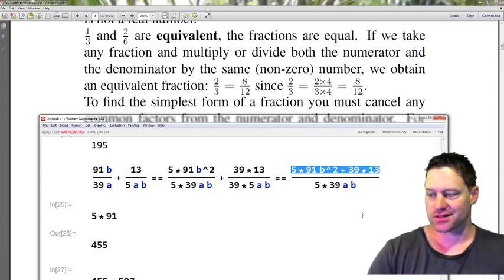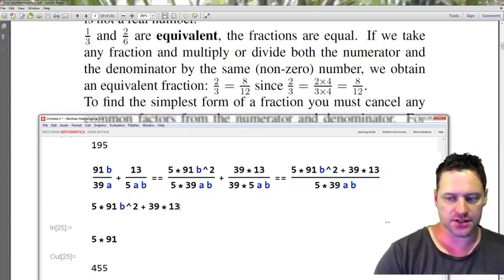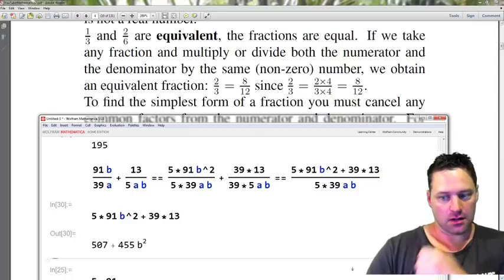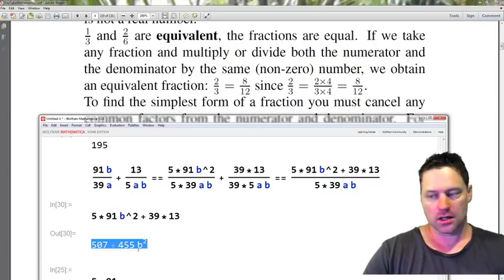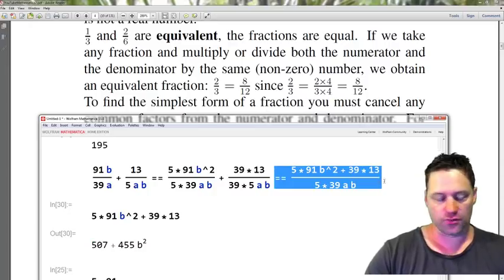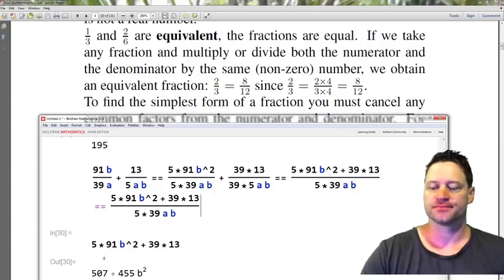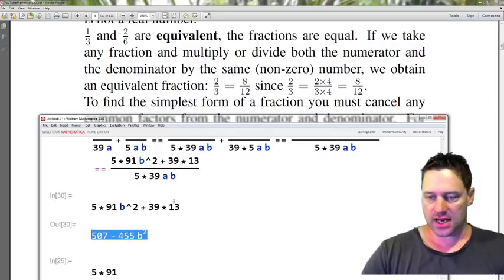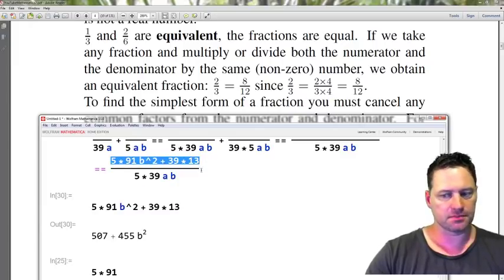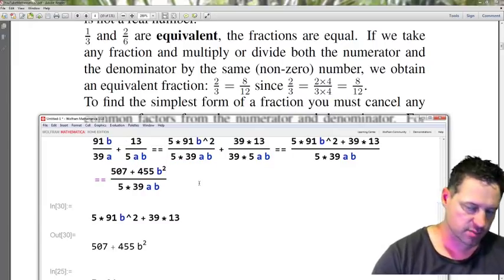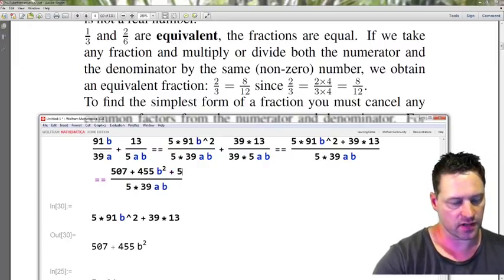Let's just take this numerator, open up a new cell, press Shift and Enter, see what we get. All right, so that has simplified the expression. And now I can come down and write a new line in my comment as to how I am simplifying this. And so I'll say that I have 507 plus 455b squared. Now many of us like to put the b squared first, so let's do that.